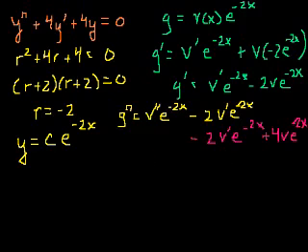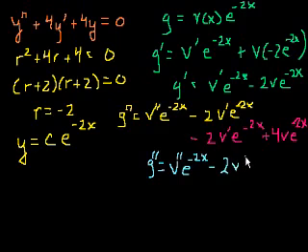So we get the second derivative of g, which is our guess solution, is equal to v prime prime e to the minus 2x minus 4v prime, because we have minus 2, minus 4v prime e to the minus 2x, plus 4v e to the minus 2x.